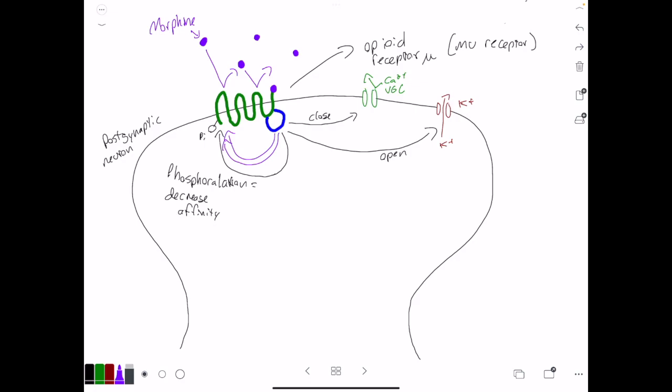So the same concentration of morphine will result in a lower probability of it binding to the receptor. And so this desensitization is an explanation for the phenomenon of being on opioids and having their effects wear off over time and needing greater concentrations of it. Okay, let's take a look at the next example.